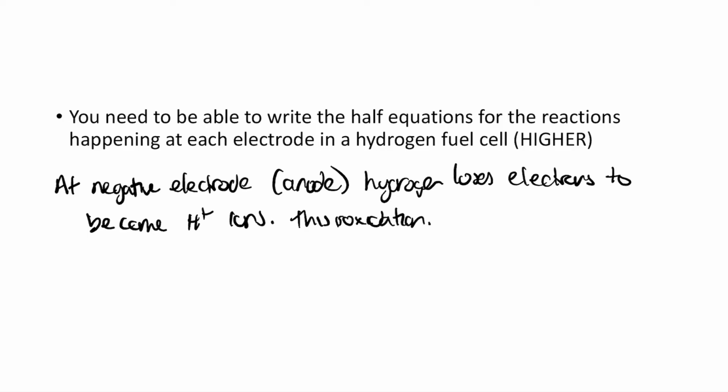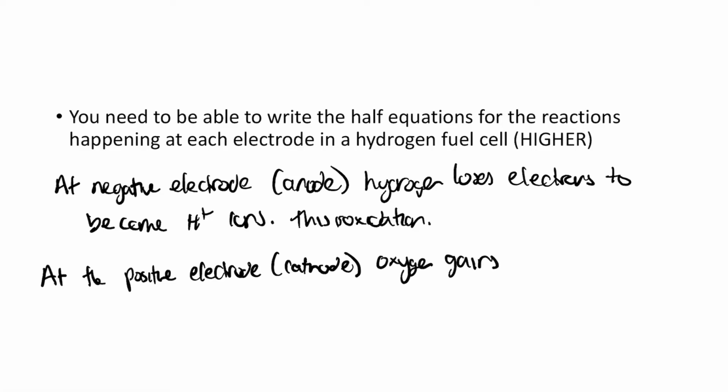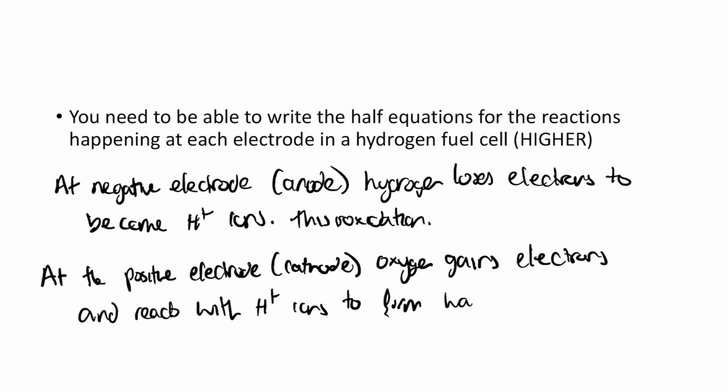Now at the positive electrode, and remember now we call that the cathode, which again is opposite to electrolysis, oxygen gains electrons, so it gains those electrons that are lost from the hydrogen. So it gains the electrons from the cathode and reacts with the H+ ions to form water, and we call this reduction. So hydrogen is oxidized and oxygen is reduced.